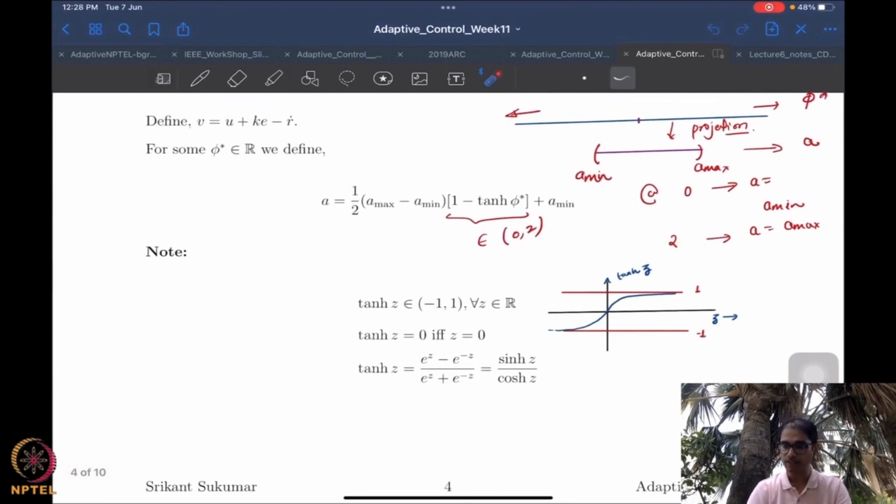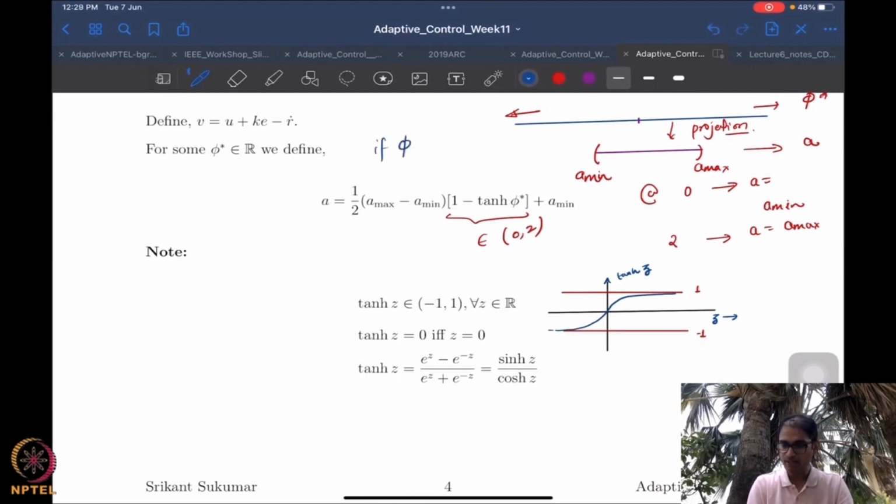I mean, the correct value of phi star need not be 0, obviously, as you can see, right? Because that is not what we're looking for. In fact, if I put this equal to 0, then what I will get is something like a max minus a min over 2, a max. So let me write this out.